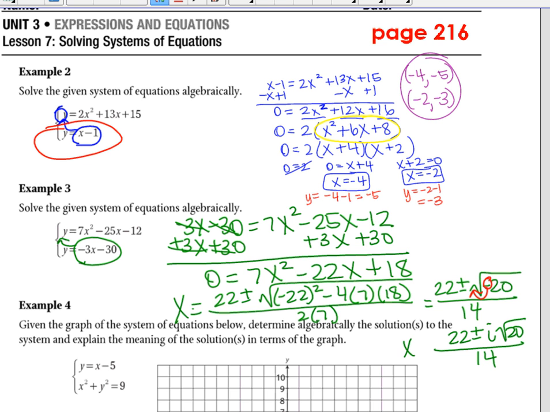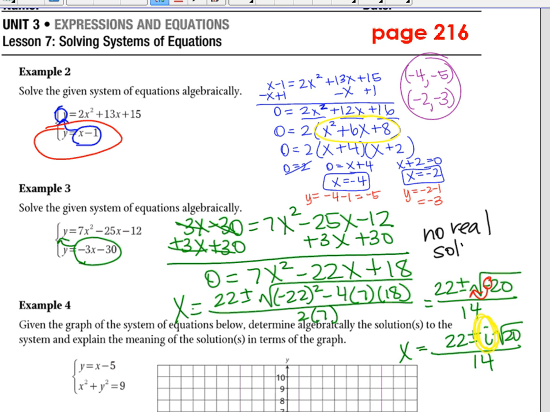So that's x. Now, if you think about it, we're looking for these intersection points. On the graph, we didn't do it graphically, but had we, we would have hit those two intersection points. When you're graphing, you're only graphing in the real number system right now. So this i tells me that I'm going to end up in the imaginaries. So there is not going to be an intersection, and it's no real solution.